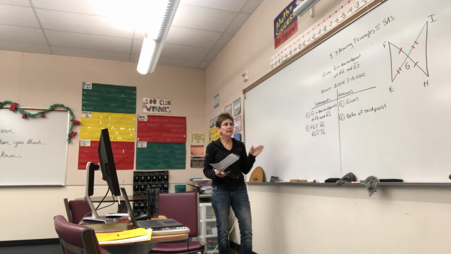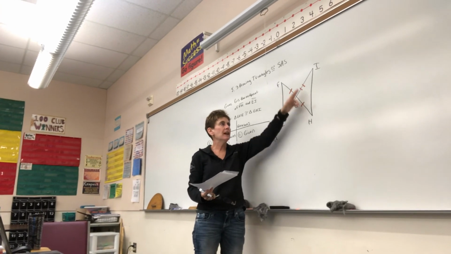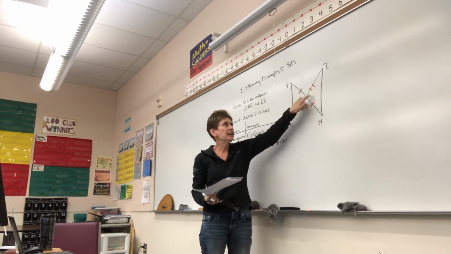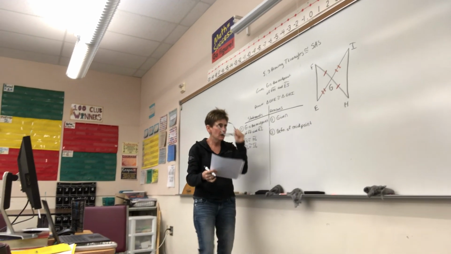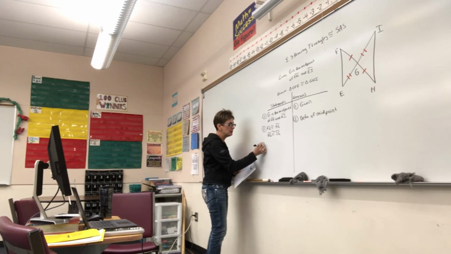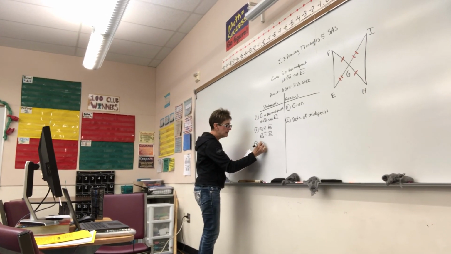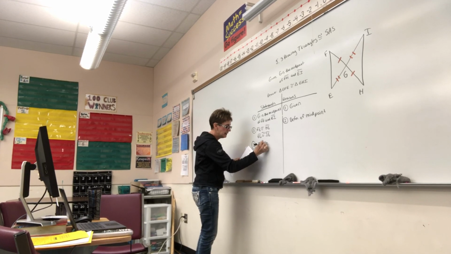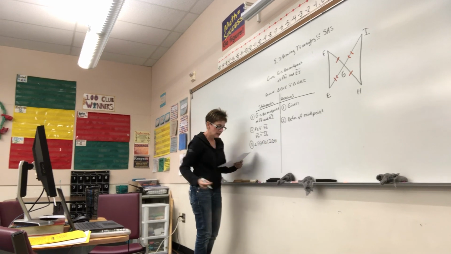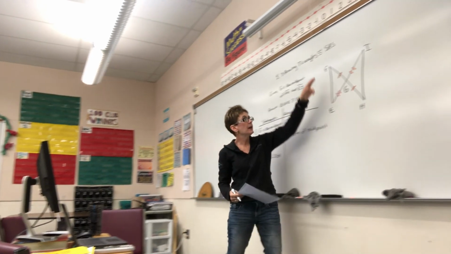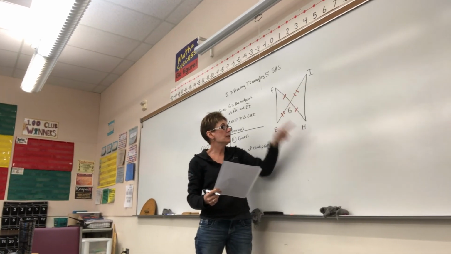Now, we're trying to prove these triangles are congruent using side angle side. Notice that we have two pairs of sides. Does anybody know how I know that these two angles are congruent? And I'll write down the statement, see if you can think about the reason. I'm going to write that angle FGE is congruent to angle IGH.